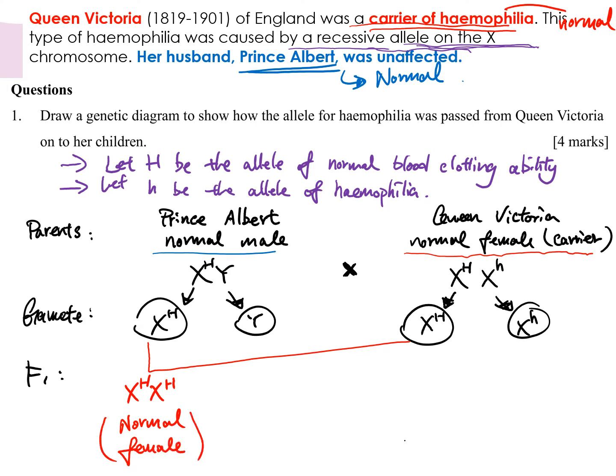And then another type after fertilization would be also a normal female, but she has a hemophilia allele. Therefore, she is not only normal, but she is also a carrier. Normal carrier female.